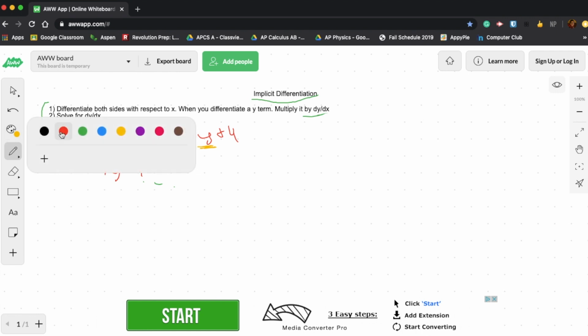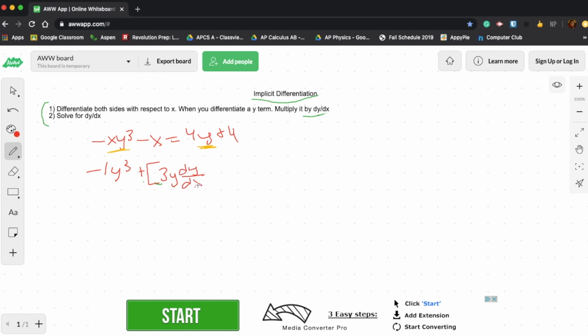Since it's the negative xy cubed, you have to have it like this, negative 1y cubed plus, and then you can have a bracket or whatever you want. You take the derivative of y cubed, so 3y squared, remember dy/dx, and then you multiply by negative x.